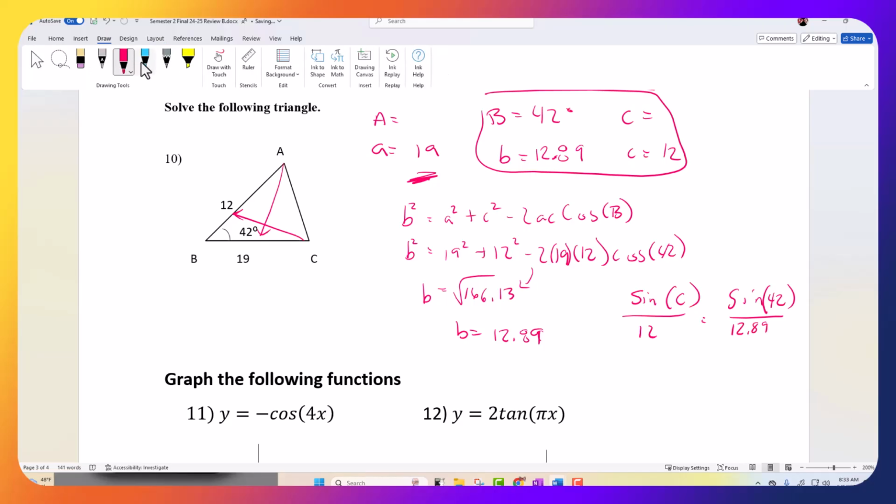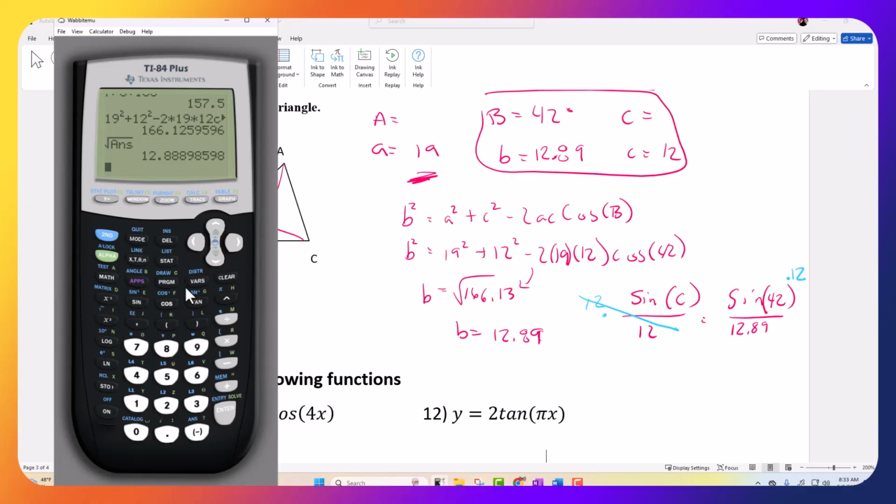In order to solve this, we're going to have to times by 12 to clear this side. Times the whole thing by 12. Let's put that in the calculator and see where it takes us. So sine of 42 divided by 12.89 times 12 gives me 0.623.